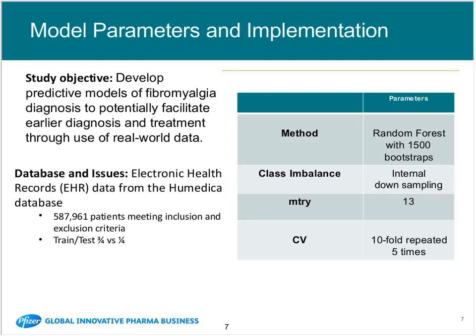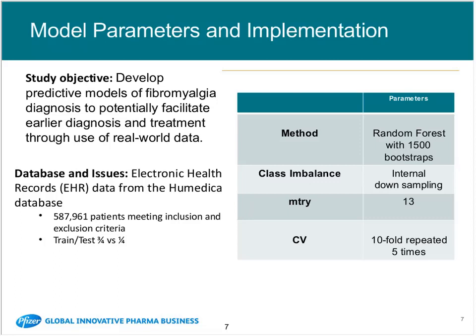And then the random forest works in a way that at each bootstrap, it constructs a full classification tree, but utilizes a randomly selected number of variables or predictors to do the classification.